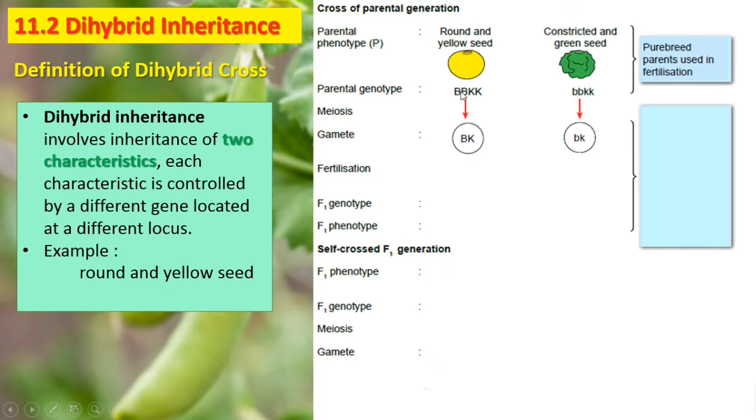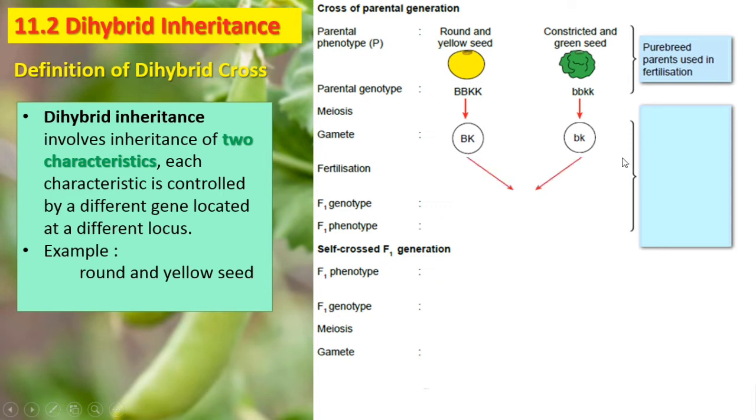From capital B, only one B, a single B. From capital K, only a single K. So the combination of the two in the dihybrid will produce gamete capital B capital K. For constricted and green seed, constricted is controlled by a pair of small b, so in a gamete it will present only a single small b. And small k, in the gamete there is a single small k. Alright.